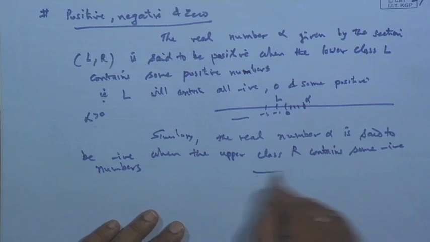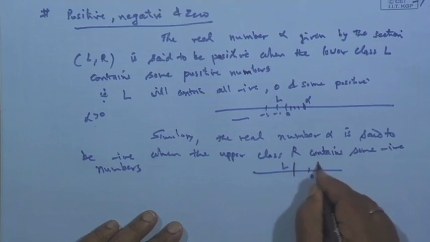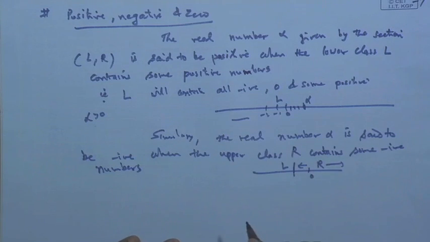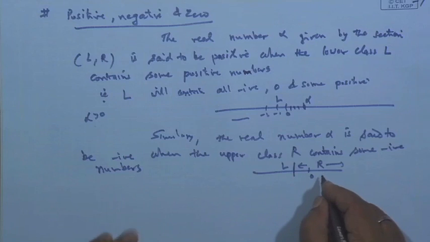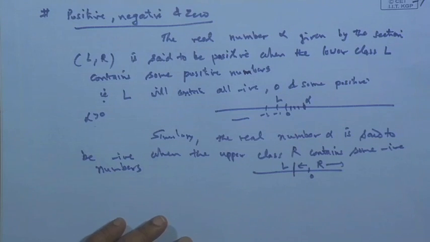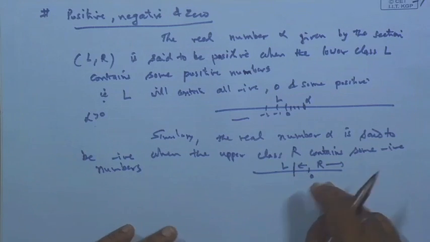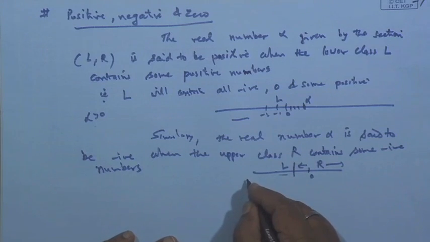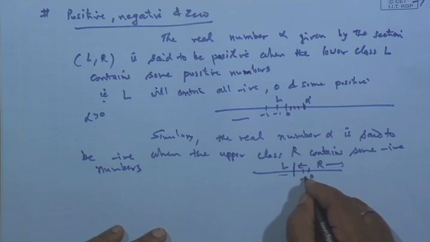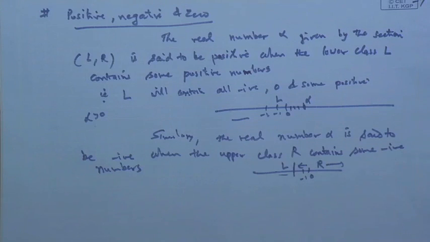That is obviously true. If here is L, this is 0, here is R. If R contains some negative number, then only the number corresponding to this will be a negative number, is it not? So, L is totally negative and R contains some negative numbers. So, corresponding to say minus 1, this will be the cut, okay, like this.